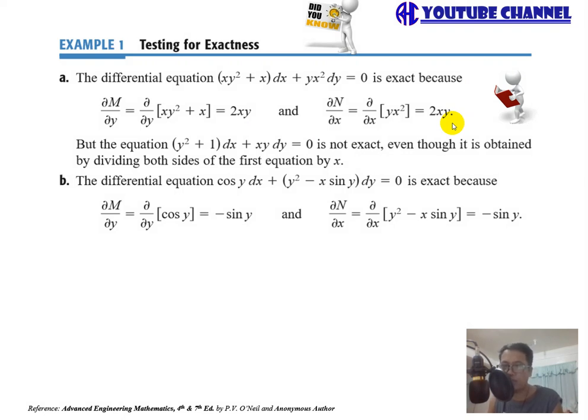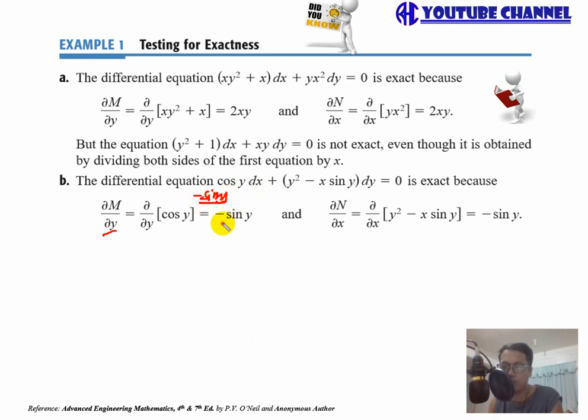Okay, another example: cosine x times dx plus the quantity y squared minus x sine y times dy equals 0. Let's check if it is exact or not. Simply take the first derivative of the function M with respect to y. The first derivative of cosine y is negative sine y, and that's all because there is no other term.